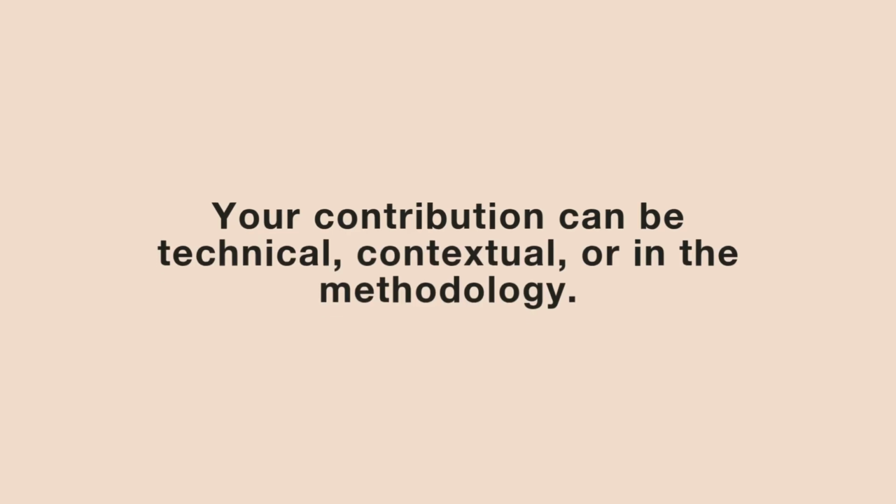You can see that this clearly states the value-added element into the statement, whether it's a technical innovation or contextual improvement, making the research more defensible and original. So your contribution can be technical, conceptual, or in the methodology, but it must be clearly stated and justified with your literature.